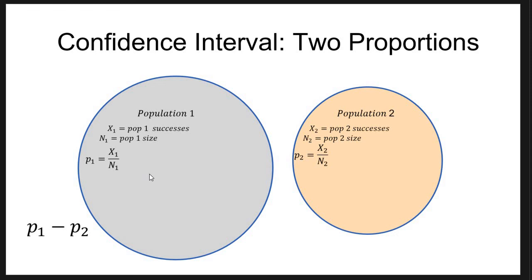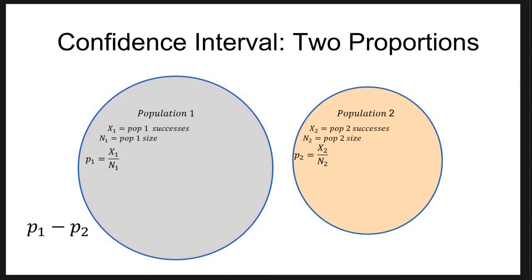So I'd ask the entire population of Democrats and the entire population of Republicans if they agree with the overturning of Roe versus Wade, and then I'd create these proportions. Maybe those proportions are the same, maybe the same amount of Democrats feel a certain way about it as Republicans, or those proportions might be different. I'm interested in what the difference is between those two proportions.